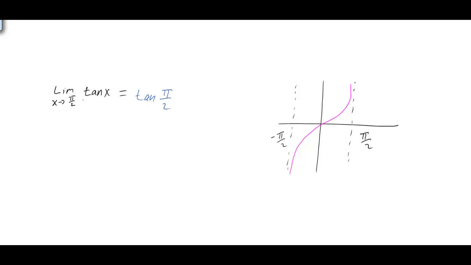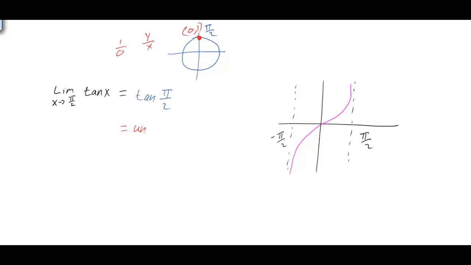If you don't remember, your tangent is your y over your x, and at pi over 2, if you think of your unit circle, we're at the top of the unit circle, where you have 0, 1. And remember, your tangent is your y over x. Well, if we take our y value divided by x, we're going to take 1 divided by 0, which is undefined.